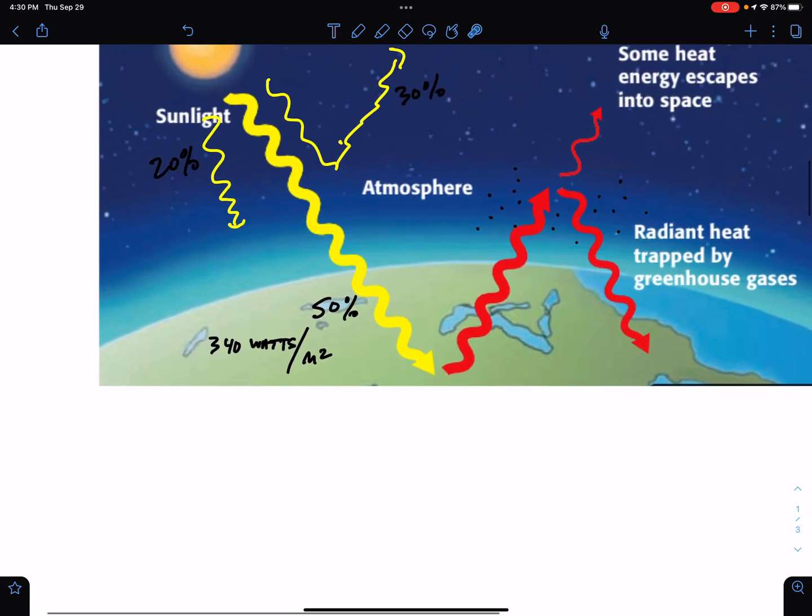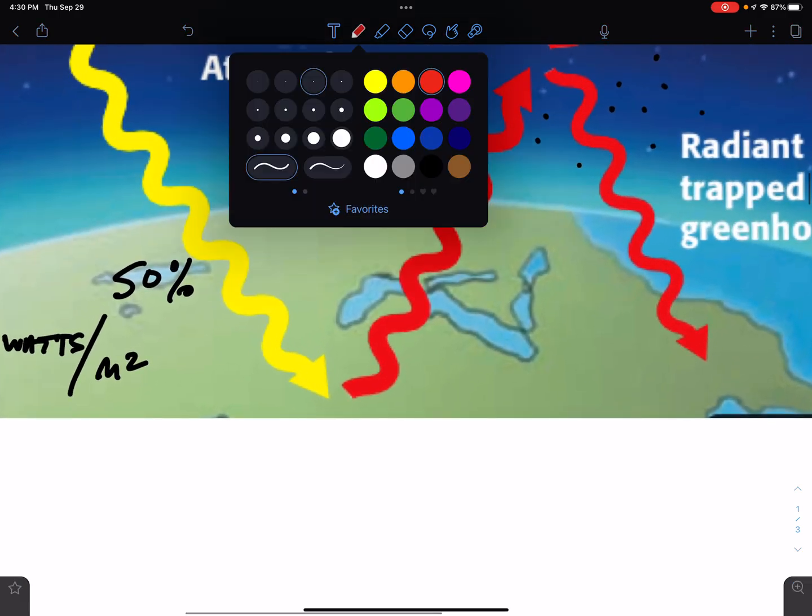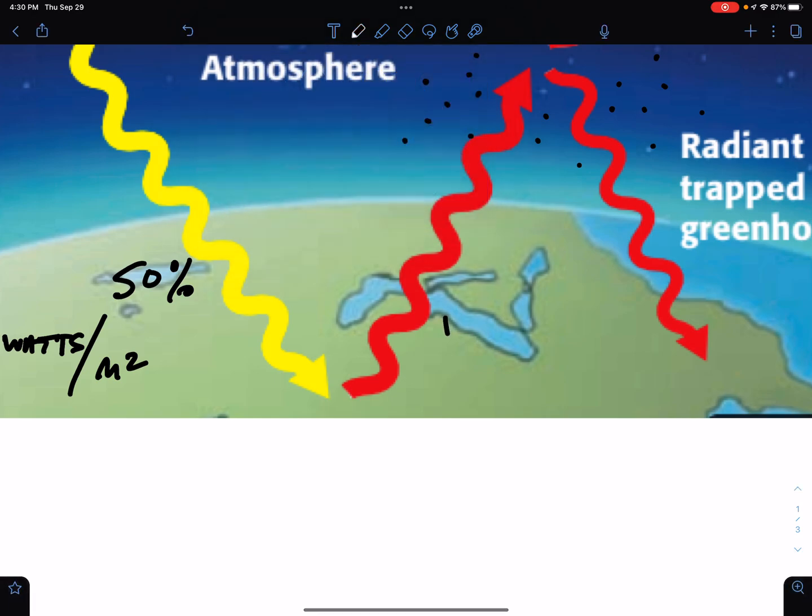Okay, the Earth absorbs that energy, but the Earth is not as hot as the sun. So while visible light comes in, infrared is emitted.